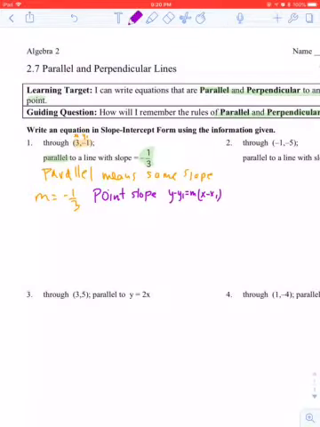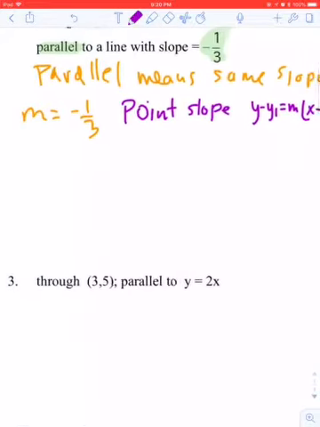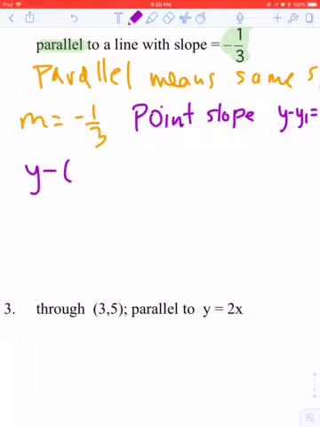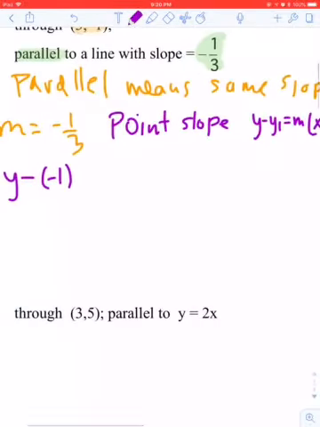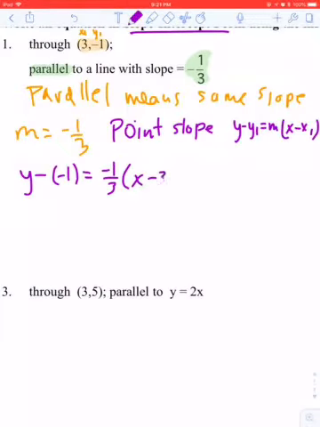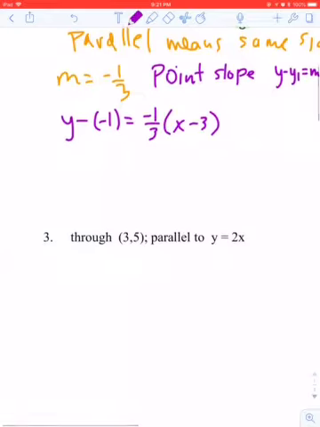So you're going to use these both to get to your slope intercept, what they're asking you. So first, y minus negative 1, because that's your y1, is equal to negative 1/3 (x minus 3). So that's your point slope. We got to make it into slope intercept form, which is y by itself on the left side.